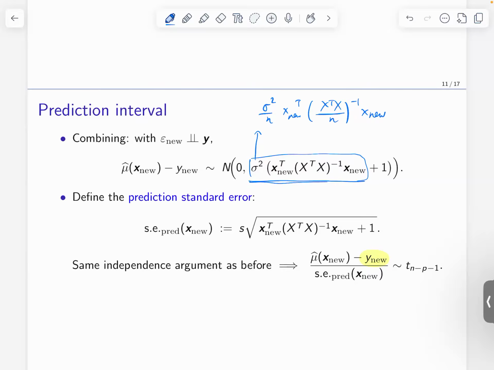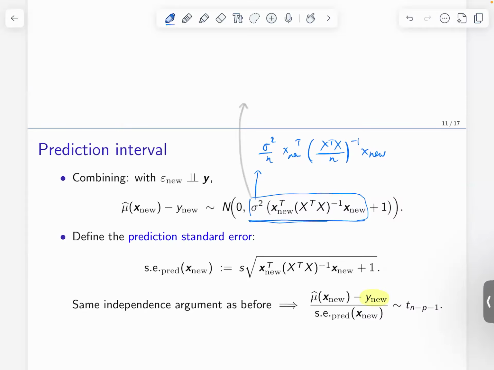That's the variance of that estimation error part, which is really the variance of mu hat of x nu minus mu of x nu. It's also the variance of mu hat, because centering doesn't change the variance.